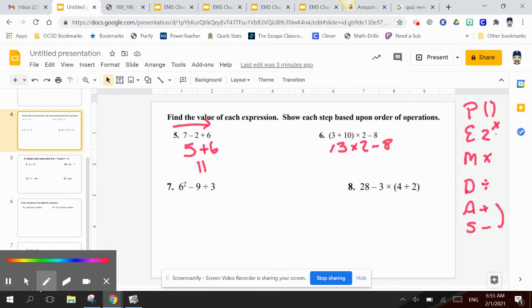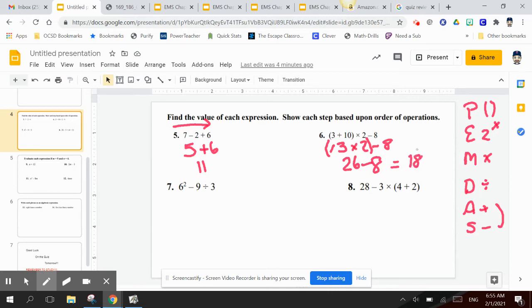So then do I go down? Do I have any exponents? No exponents. Do I have any multiplying? Yes, I have multiplying, so I want to do that step next. So I take 13 times 2, which is 26. I subtract 8. That's my only operation left. So when I take 26 minus 8, I get 18.